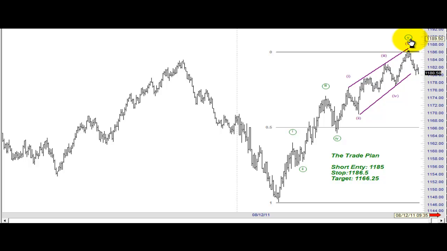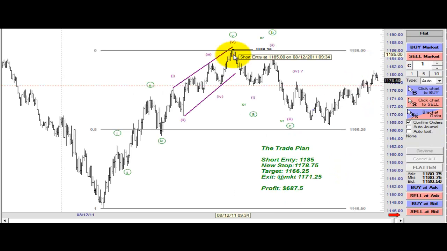My trade plan for this hypothetical trade that was made in real time using a simulated account is as follows. I'll make a short entry at 1185 with an initial stop just below the top at 1186.50 with an initial target of 1166.25.